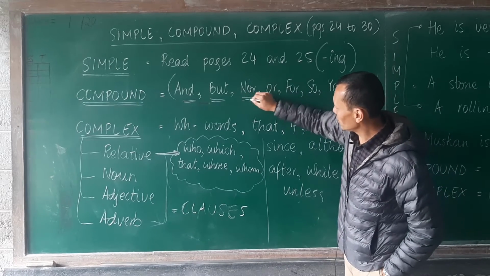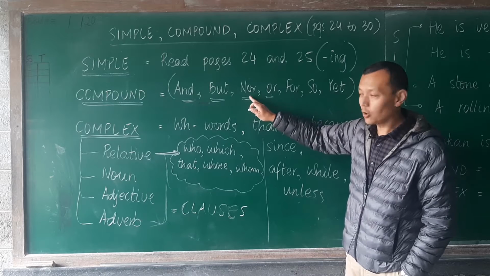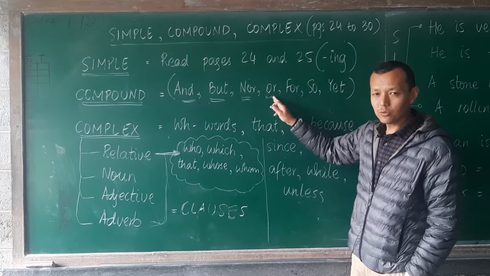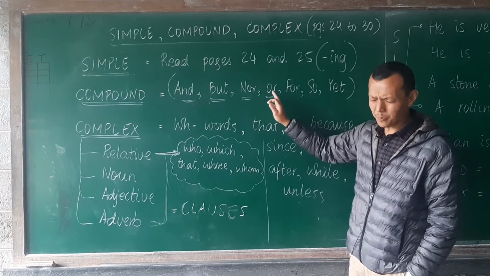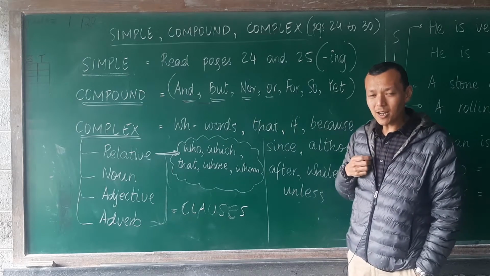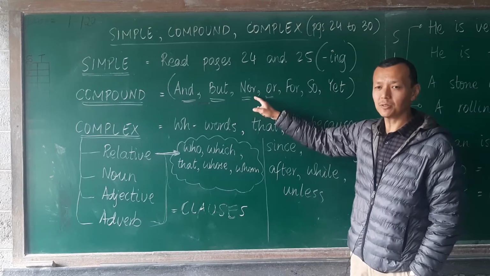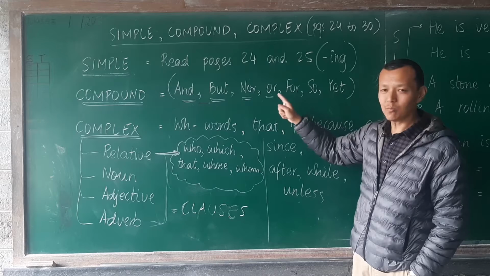Usually if you use the word nor, you must also use neither. And when you use the word or, you must also use either. For example, "Neither am I good in studies, nor am I good in games." "Either I am good in studies or I am good in games."